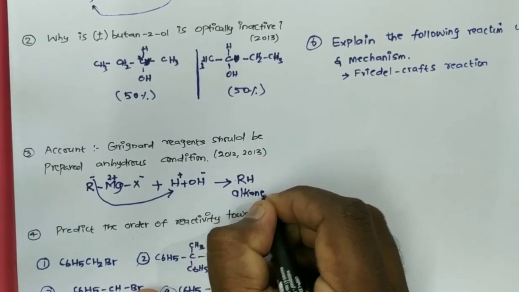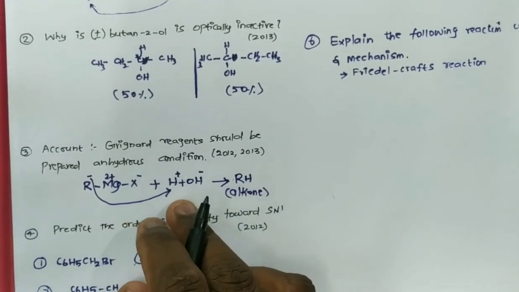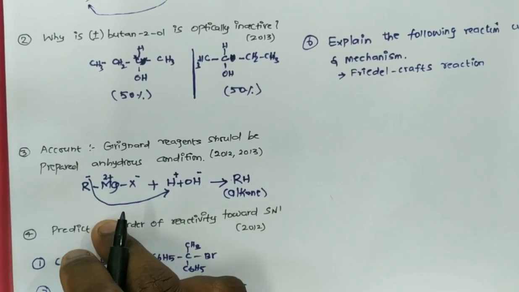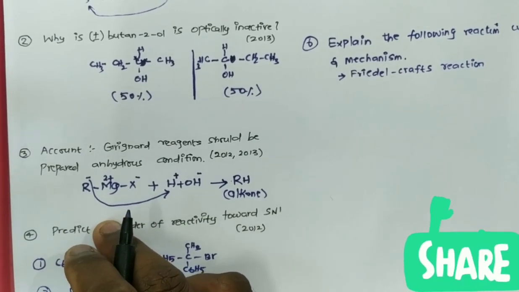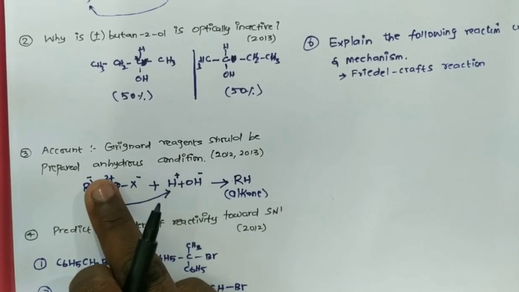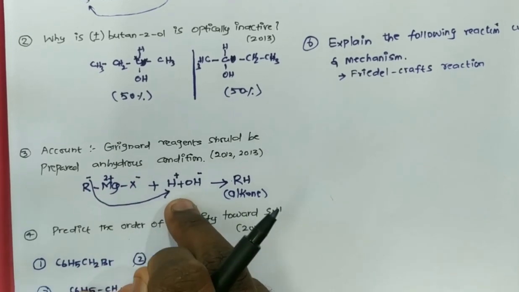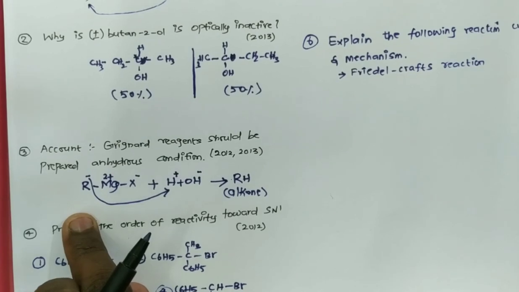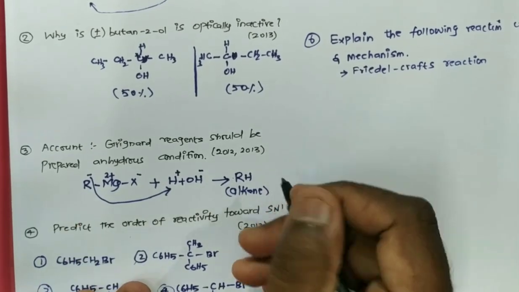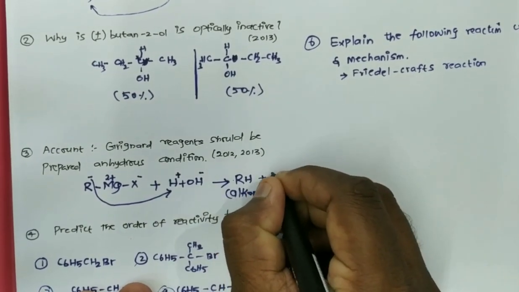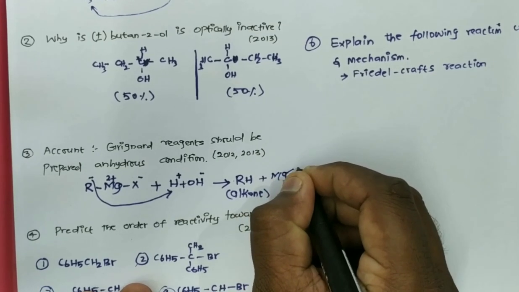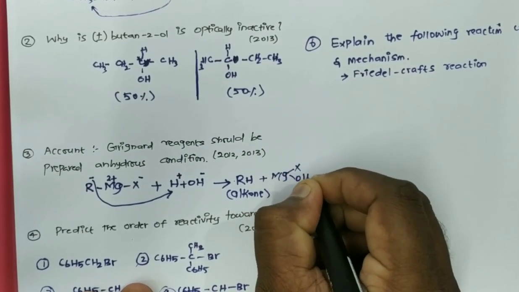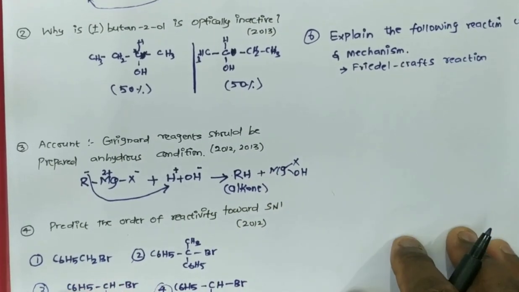So when an alkane is formed, if water is used to prepare the Grignard reagent, that is what we have to avoid. In anhydrous conditions, we should not use water to prepare the Grignard reagent. That is why we use ether in this case. Along with that I get a product like Mg(X)OH. Are you able to understand?